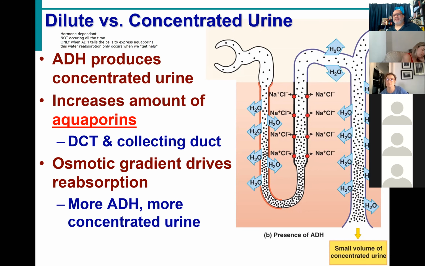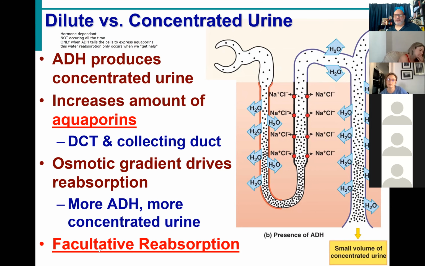Because of that, this type of water reabsorption we call facultative, right? Because if you facilitate something, you are helping it to occur. So that facultative reabsorption, we are facilitating, we are helping it to occur. It only occurs with antidiuretic hormone. Remember, obligatory has to occur.